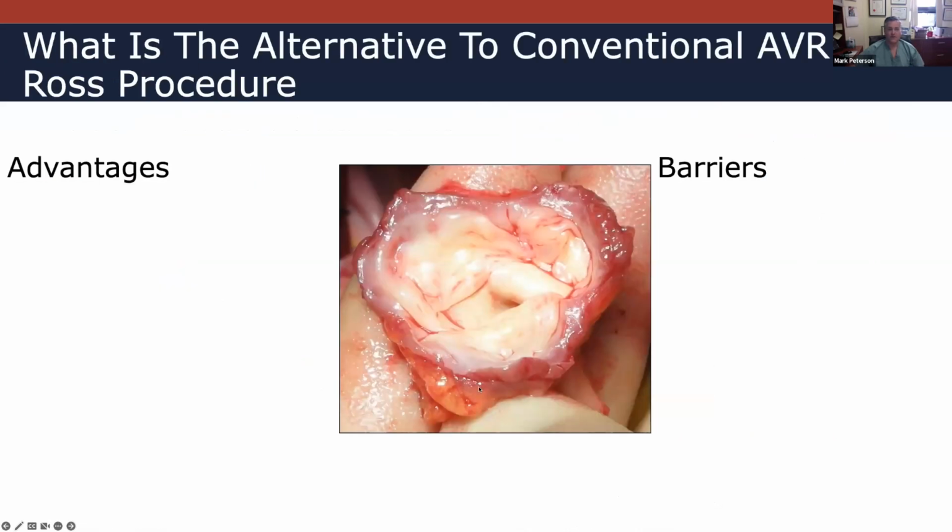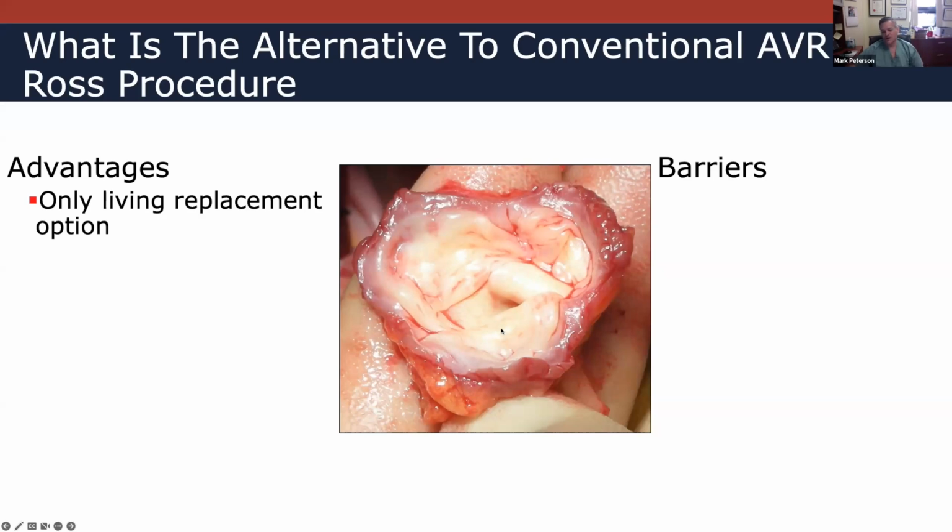So what are the advantages of the Ross? Well, it's the only option for valve replacement that actually provides a living substrate in the aortic position. So we harvest the pulmonary autograft, or the pulmonary valve, and transplant it as a full root into the aortic position. This valve is living tissue, and remains living.